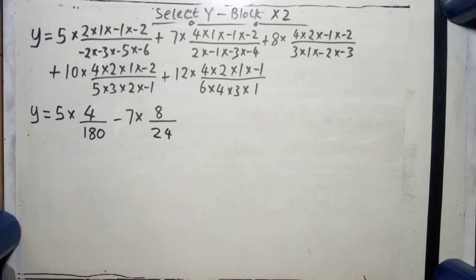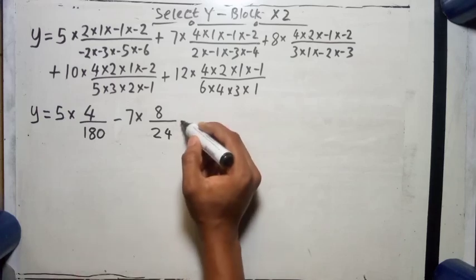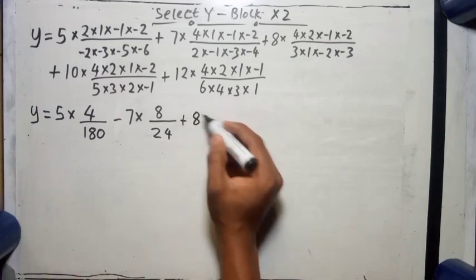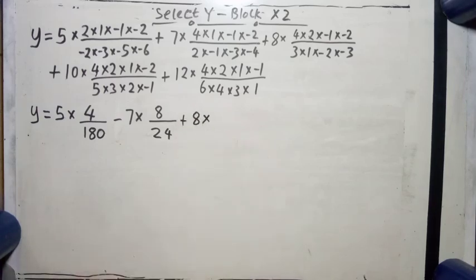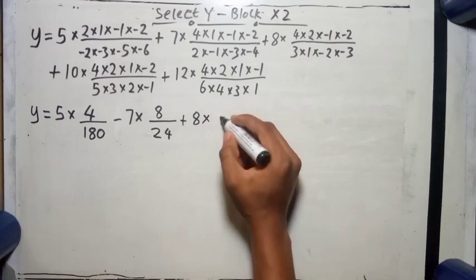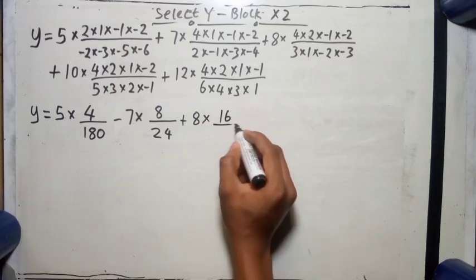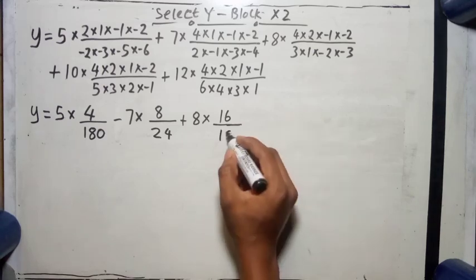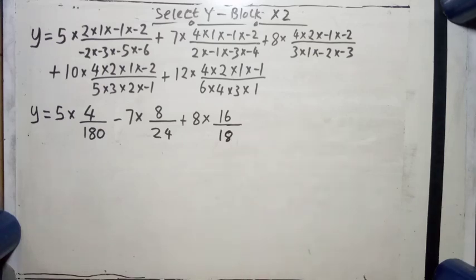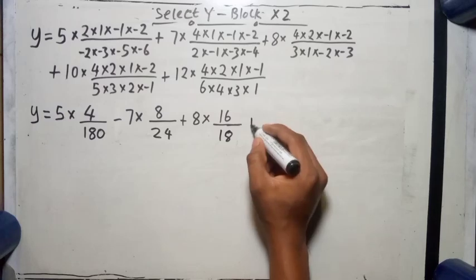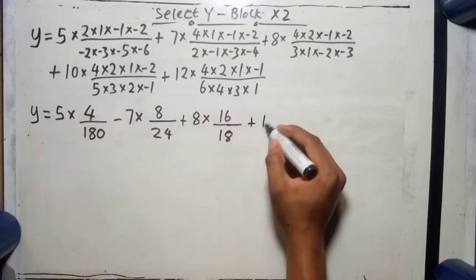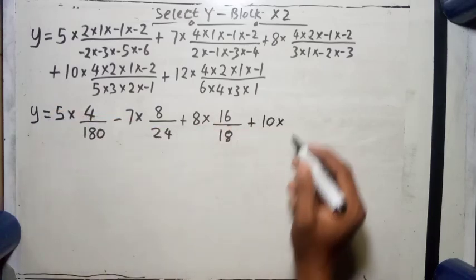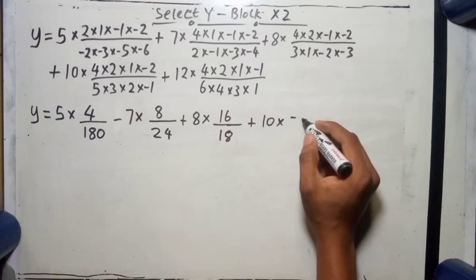Now move over to the next one. We have plus 8 times 16. Now for the denominator, 18. Now move over to the next one. 10 times minus 8 times minus 2.